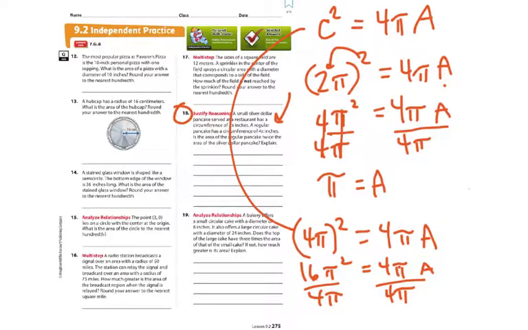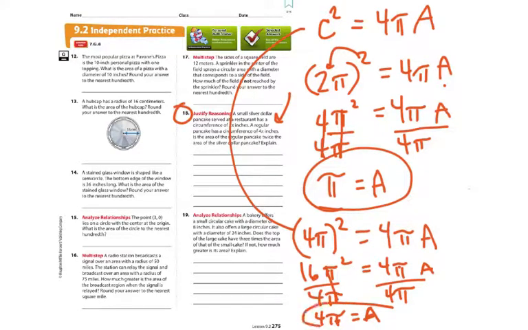I get rid of 1 pi when I divide that, and so I'm left with 4 pi as the area. Just like the other problems we've talked about before, the area of the first one was pi, and the area of the second one, even though it was double the circumference, is actually quadruple in area.